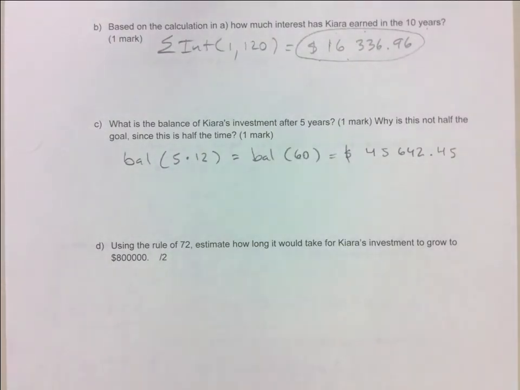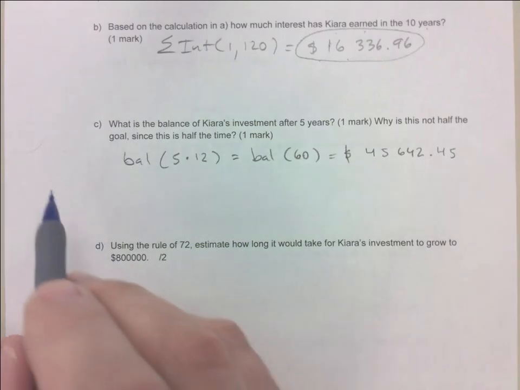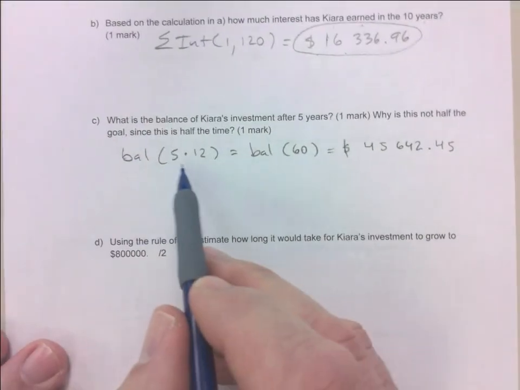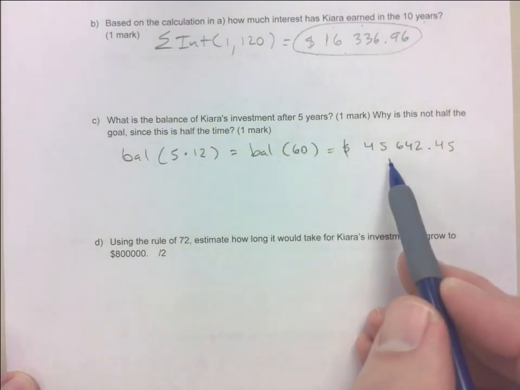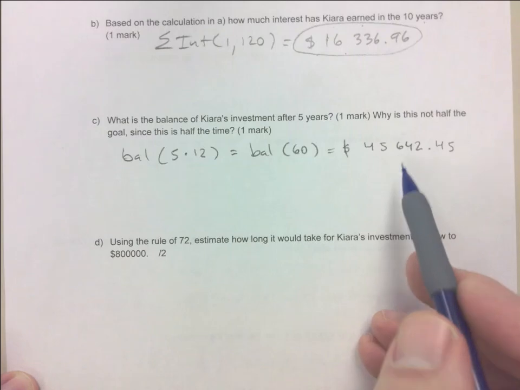Why is it not half of the goal since it's half of the time? Like 5 years in, that's half of the 10-year goal. You don't have $50,000. Why is that?